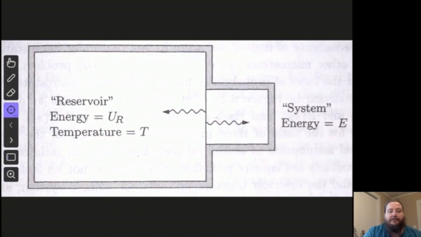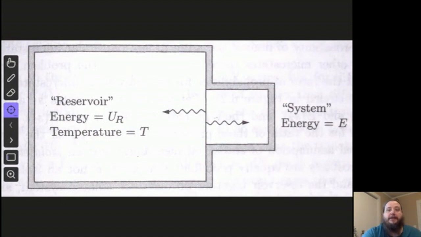We're not going to allow, for instance, particle exchange between the system and our reservoir. I guess technically we are allowing volume changes, but as we'll see here, volume changes in the case of the hydrogen atom, at least for much of the states of the hydrogen atom, aren't really a significant effect thermodynamically.